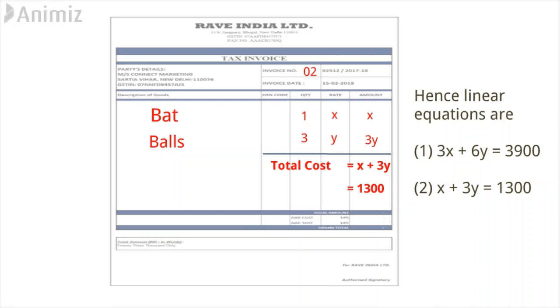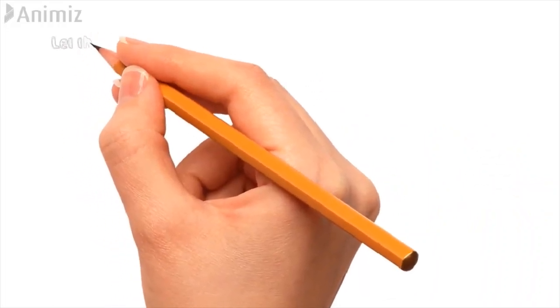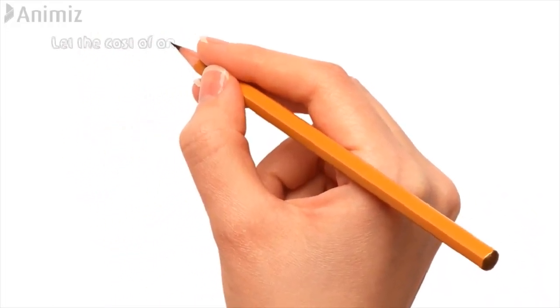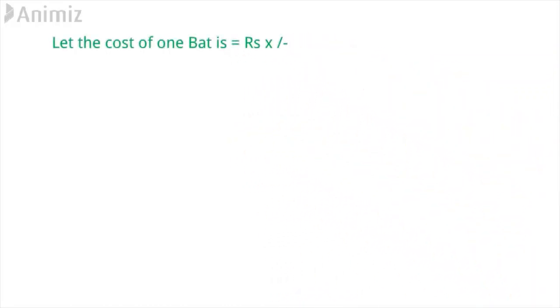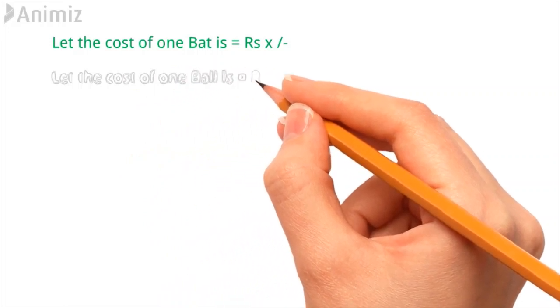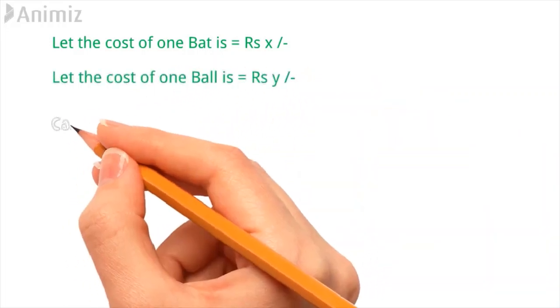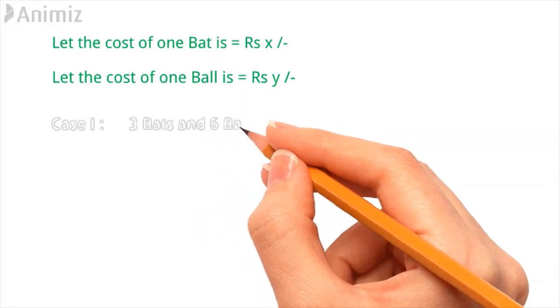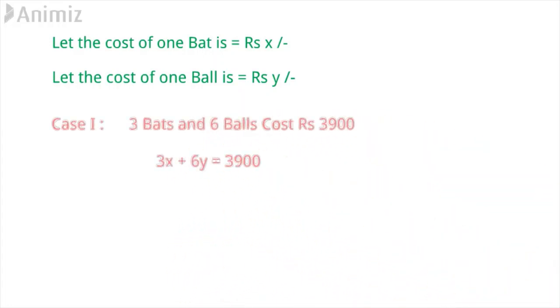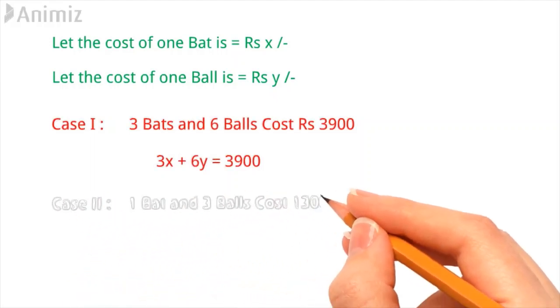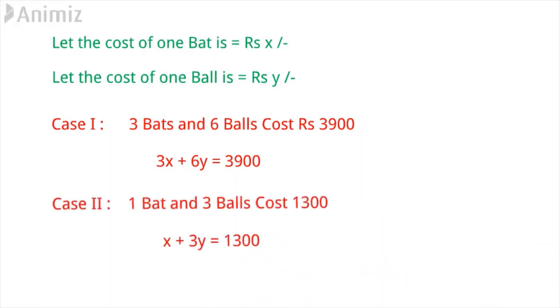But how you are going to write it in your answer sheet is, let us assume the cost price of one bat is rupees X and the cost price of one ball is rupees Y. So once 3 bats and 6 balls are purchased for rupees 3,900, that means 3X plus 6Y is equal to 3,900, and then another 1 bat and 3 balls are purchased for 1,300. So that means another equation will be X plus 3Y is equal to 1,300. So these are the two linear equations we have got.